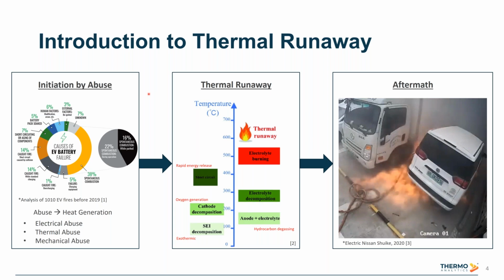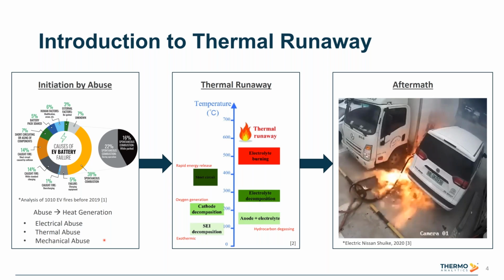So there's a variety of abuse scenarios that can cause these high temperature conditions. There's electrical abuse, things like overcharging, there's thermal abuse, so poor thermal management either during operation or during charging, and then finally mechanical abuse. So things like collision or aging resulting in failure of certain components, and for example, maybe causing a short circuit.